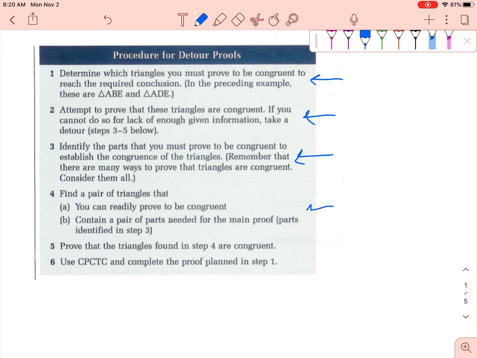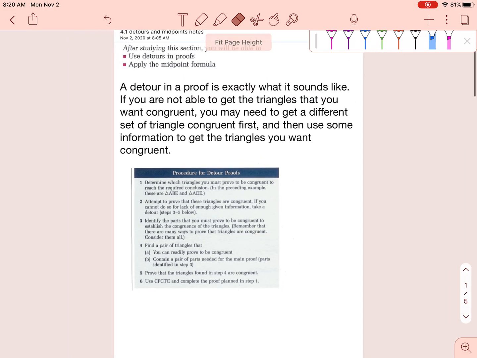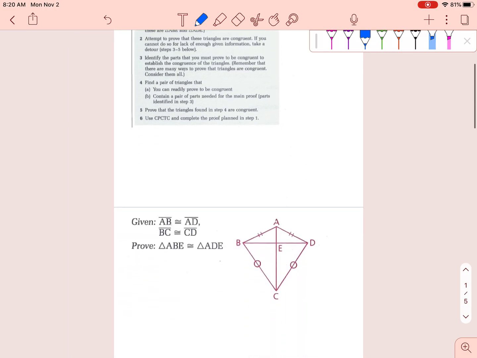Then you find a different pair that are pretty ready to get congruent to each other, and they are going to contain the part that you needed in step 3. Then you prove those triangles congruent and use that information to prove the original triangles are congruent to each other. So that's what we're going to be doing for detours.